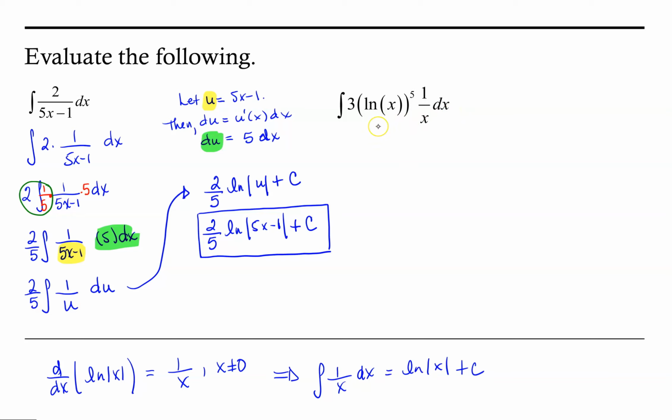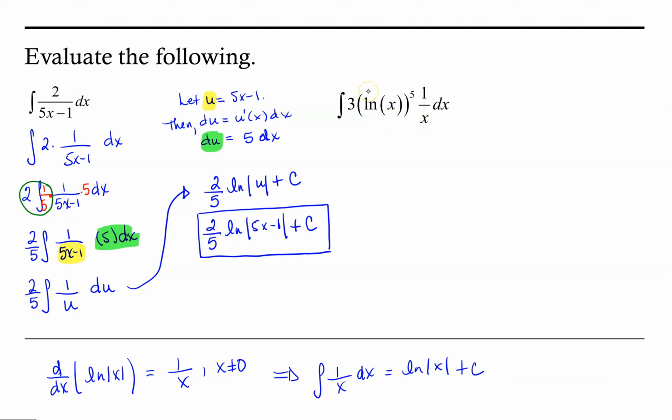Something I'm noticing as I look at this integral is that I've got the natural log of x inside a 5th power function, and then I've got this multiplication by 1 over x. And I know the relationship that the derivative of the natural log of x is 1 over x. So I can recognize there's a derivative relationship here.